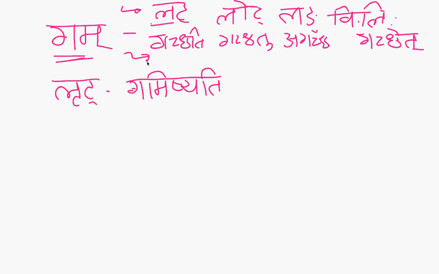Gam changes to gaccha, and then it becomes gacchati, gacchatu, etc. But in lrit, that change is not there. Gam remains as gam only, right? Gamishyati, etc. So this change is happening in these four lakaras.